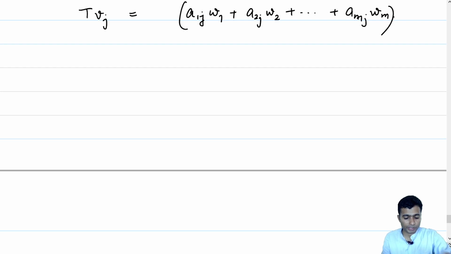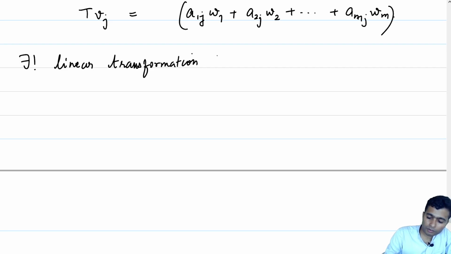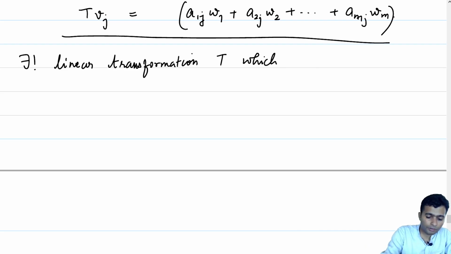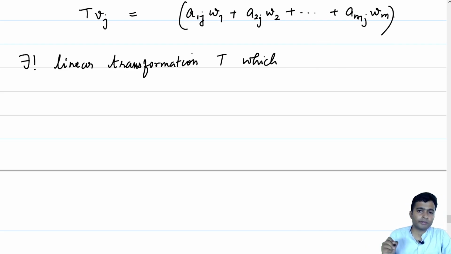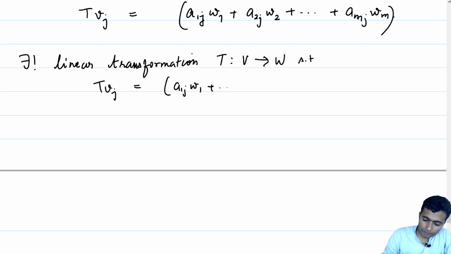So there exists a unique linear transformation T from V to W such that T of Vj is equal to A1j W1 plus up to Amj Wm.